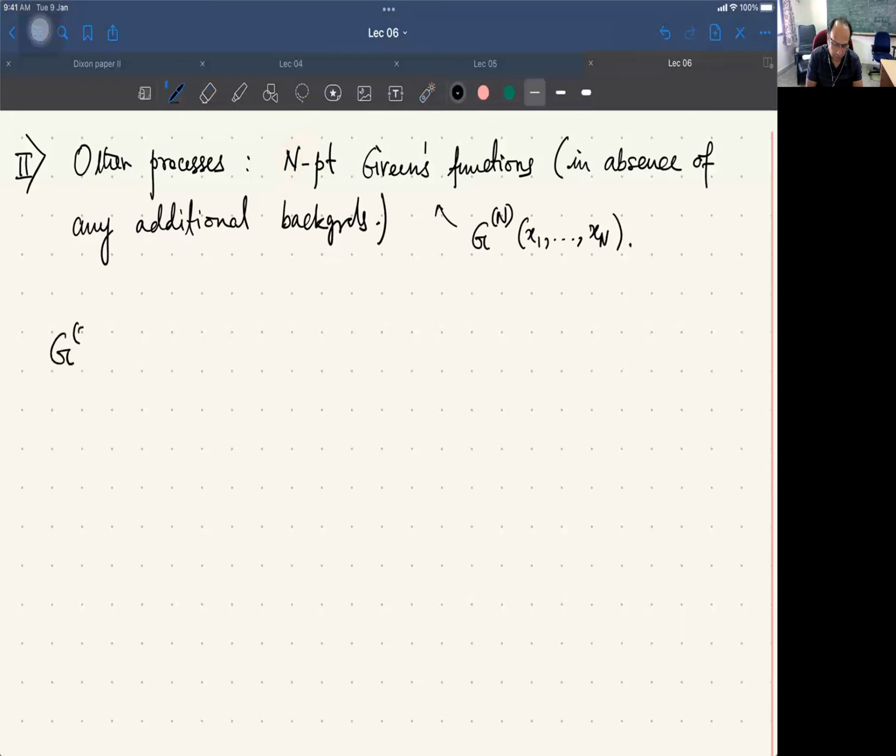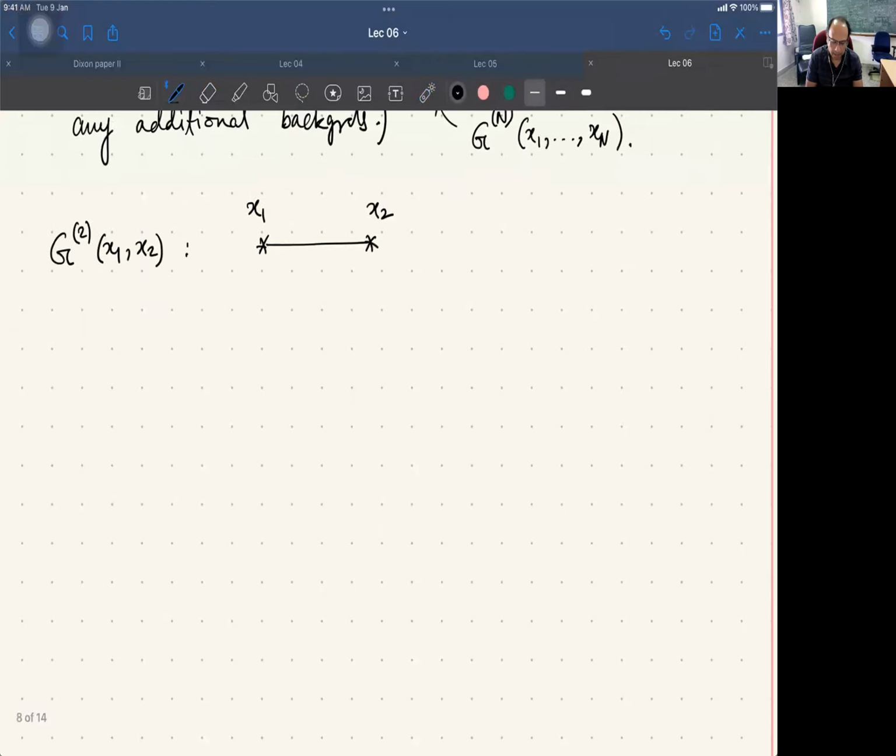So G2(x1, x2) is nothing but this diagram, x1, x2. Now could we have G3(x1, x2, x3)? Whatever we have in our theory is like the path integral of this relativistic action.